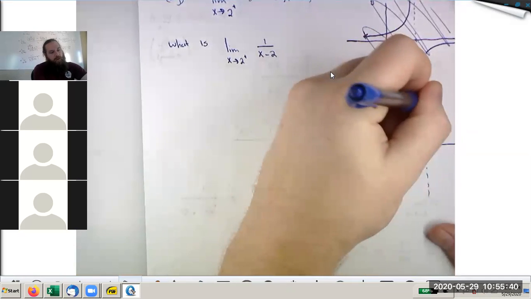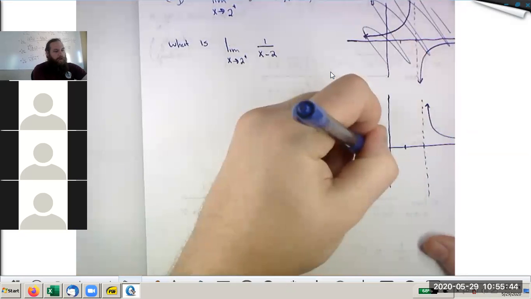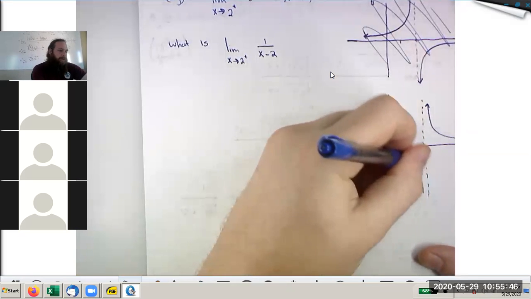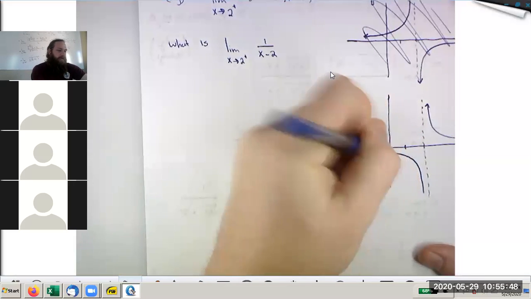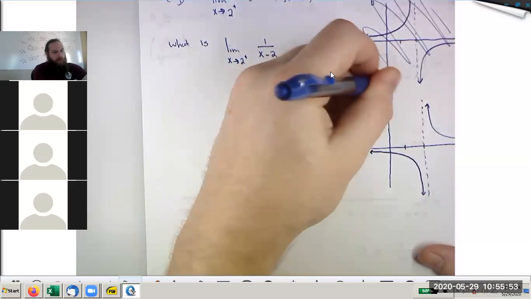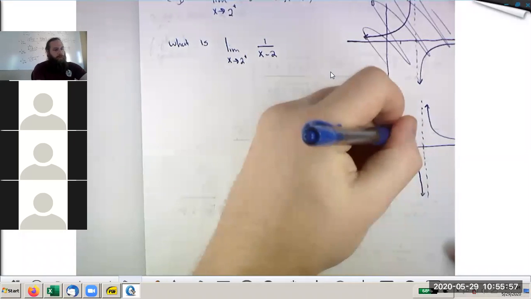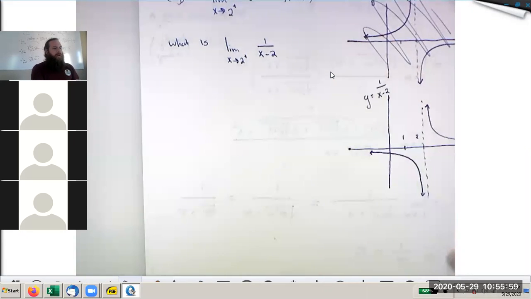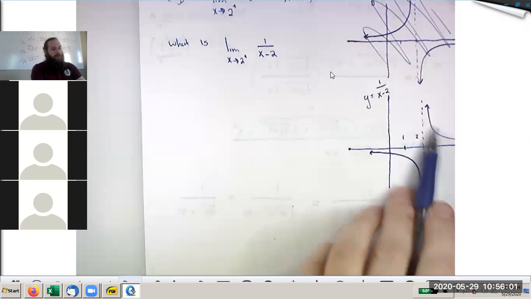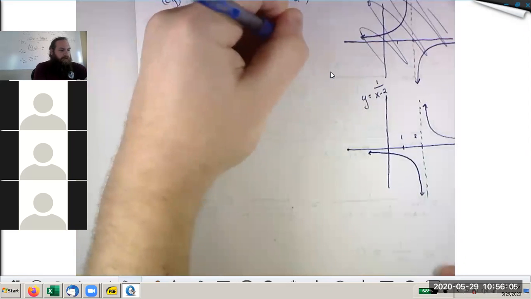Yeah, it's the graph of 1 over x shifted to the right by 2 units. So I'm getting that from the transformations of graph stuff that you cover in pre-calculus. Taking the graph of 1 over x and shifting it to the right by 2 units. So this is 1 and this is 2. So as x approaches 2 from the right, 1 over x minus 2 goes to plus infinity.